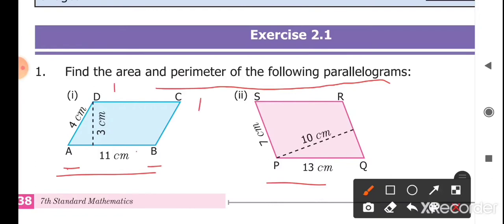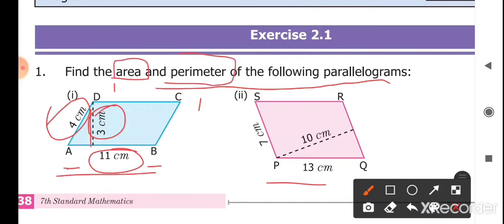Base is 11 centimeters and the height is 3 centimeters. AD is an adjacent side, so AD is 4 centimeters. Now we have to find the area and the perimeter.